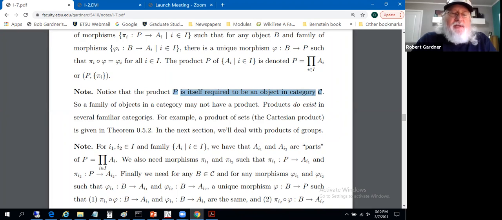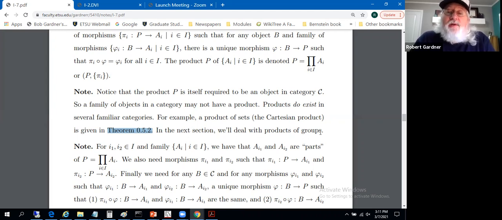But anyhow, so claims Hungerford, products do exist in the places that we need them to. Products of sets exist. They're simply Cartesian products. And you've dealt with Cartesian products, and you know they can be done over any indexing set. Theorem 0.5.2 gives some results concerning Cartesian products, the existence of a Cartesian product established on axioms of set theory or something to that effect.